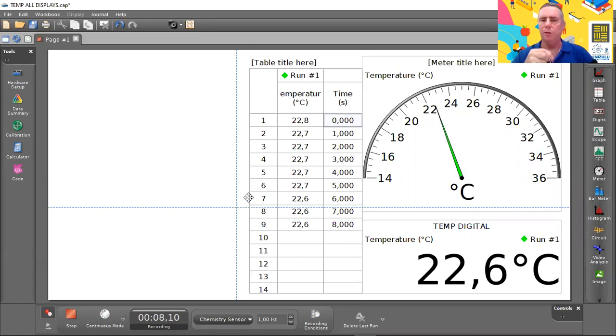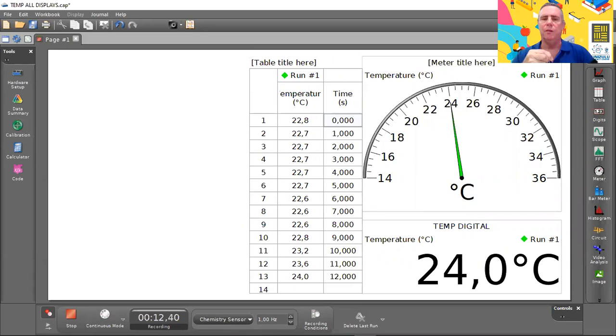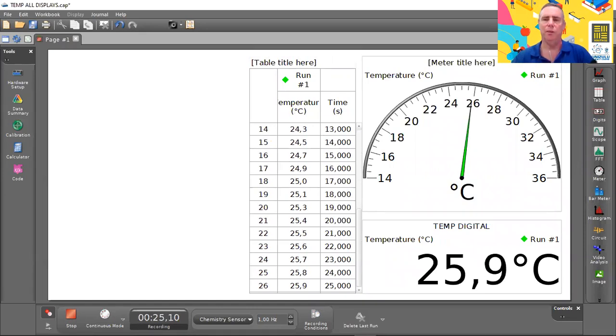And if I hold this so that the temperature changes, you will see that the table faithfully records the changes in temperature. So now we've got a record of all the data, all the different temperature changes as it goes up to almost 26 degrees. And if I release it and allow it to get cooler again, we can see that as it falls, every data point is entered into that table.